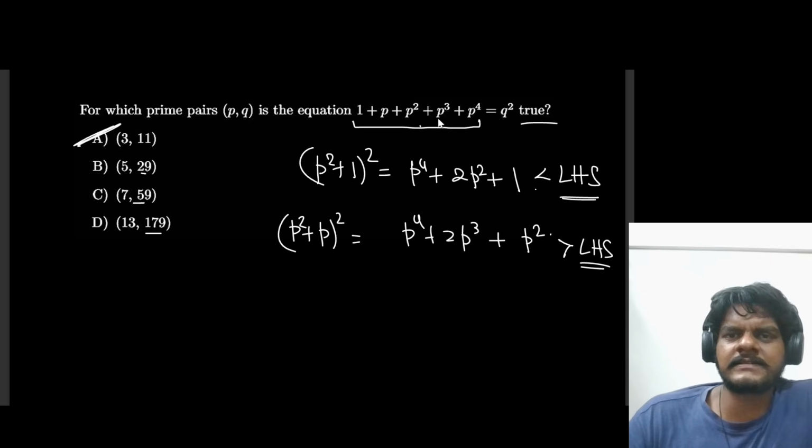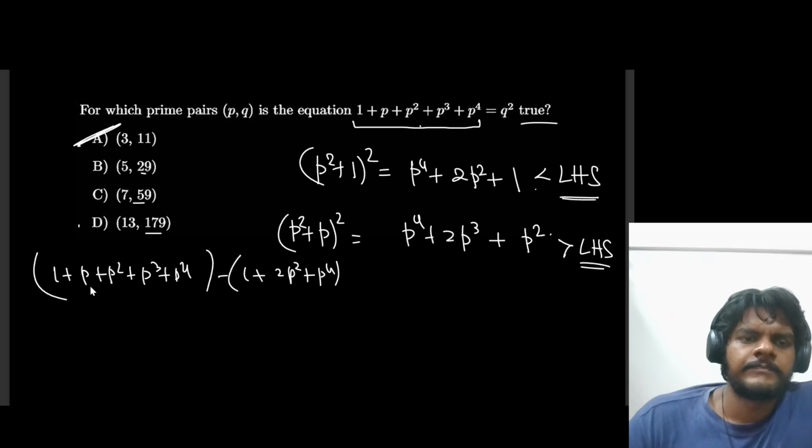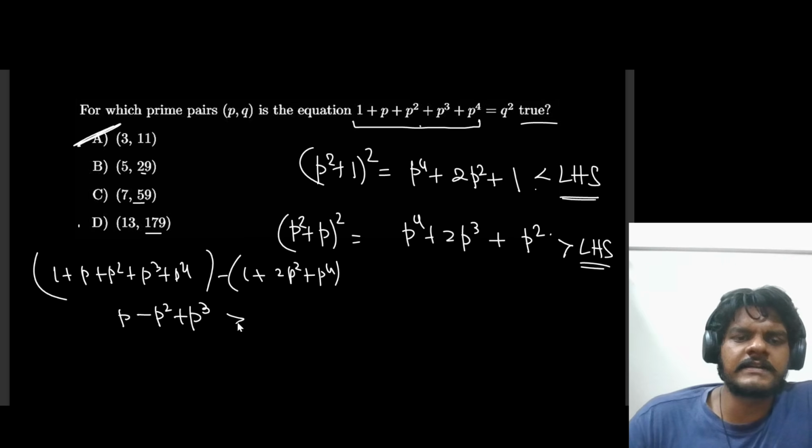If you take the subtraction, LHS minus this, we will be cancelling: 1 + p + p^2 + p^3 + p^4 minus (1 + 2p^2 + p^4) gives 1 + p - p^2 + p^3. So this is definitely greater than 0. There is no problem.